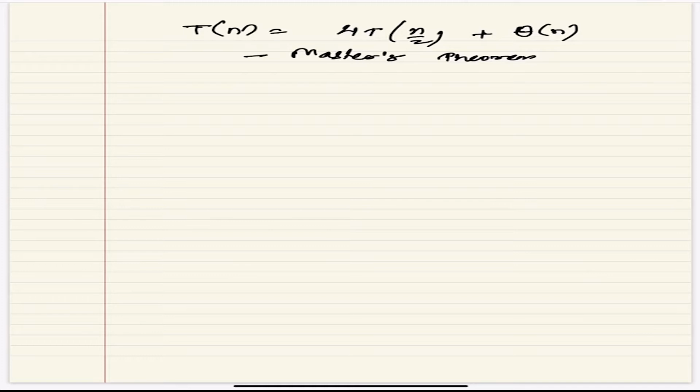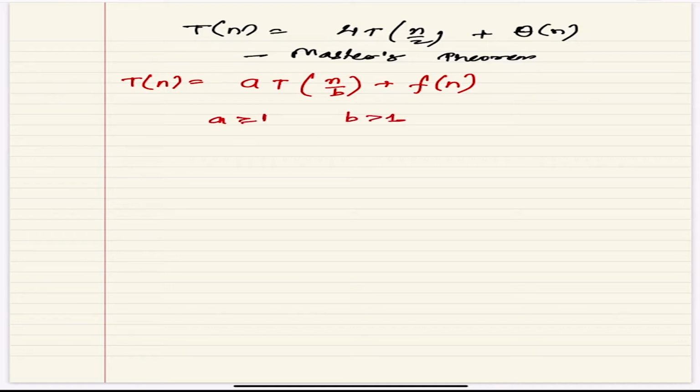So suppose you have a recurrence in the form of the following. So T(n) is aT(n/b) plus f(n). Okay, and your a and b are constants: a is greater than or equal to 1 and b is greater than 1.